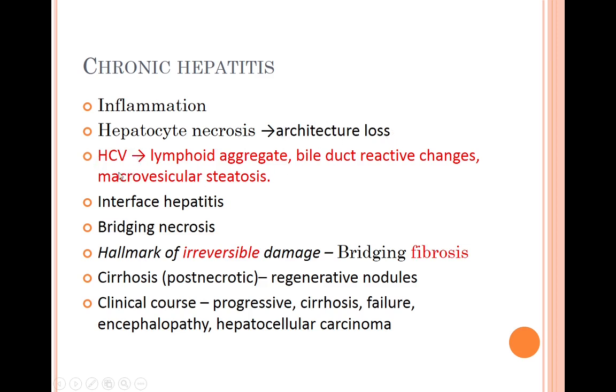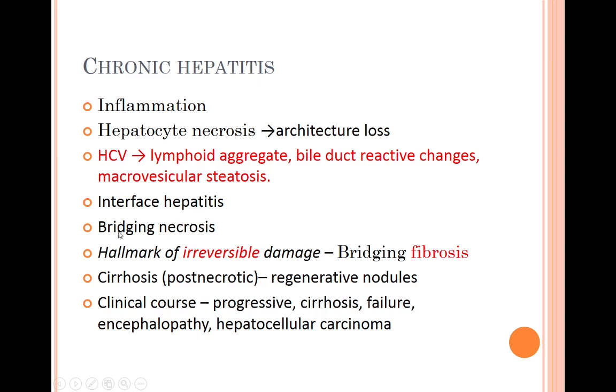Now, hepatitis C virus, the things which are characteristic. Okay, the question might come, what are the characteristic pathological features of hepatitis C virus? That will be lymphoid aggregates, bile duct reactive changes, and macrovesicular steatosis. These are the three things which you should answer in the question if there is, what is the characteristic feature of hepatitis C virus on biopsy or pathological changes.